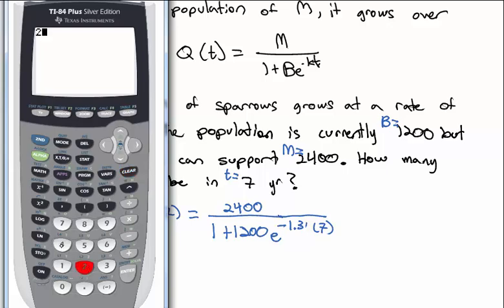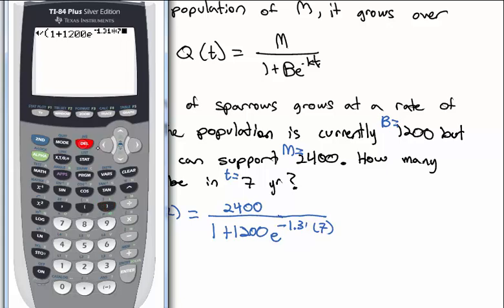So plugging that in our calculator, 2,400 divided by parentheses 1 plus 1,200 e, which is second ln, to the negative 1.31 times 7, close the parentheses.